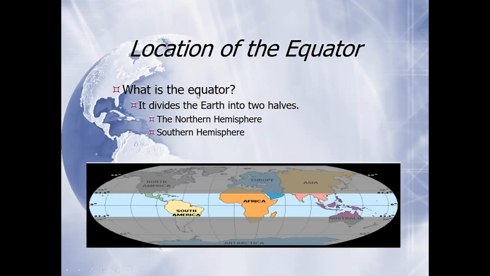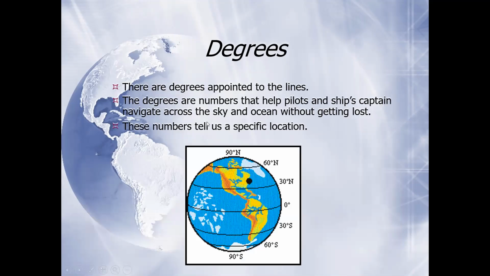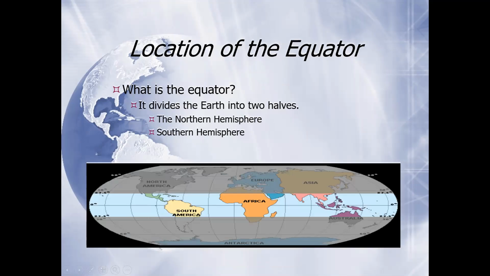So if you want to locate the equator, it is the line at 0 degrees that runs from east to west, in the horizontal direction. The latitude line at 0 degrees is known as the equator. The equator line divides the Earth into two halves, the northern hemisphere and the southern hemisphere. This is the equator line at 0 degrees.